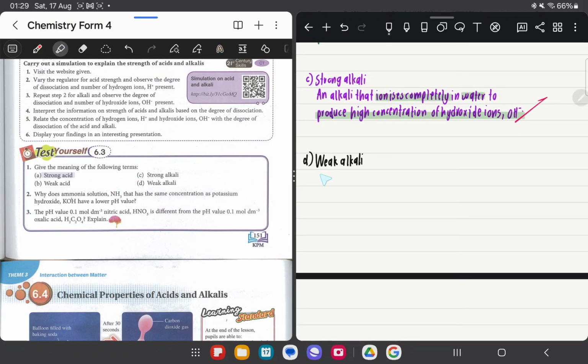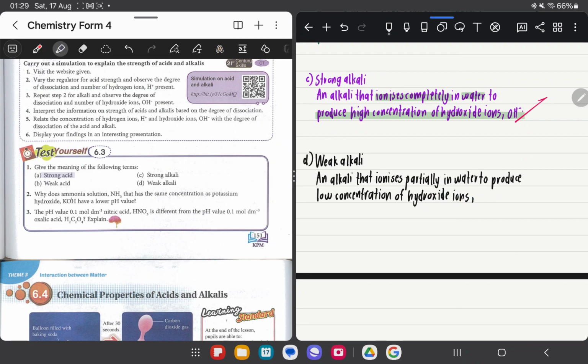Then just write: an alkali that ionizes partially in water to produce low concentration of hydroxide ions.